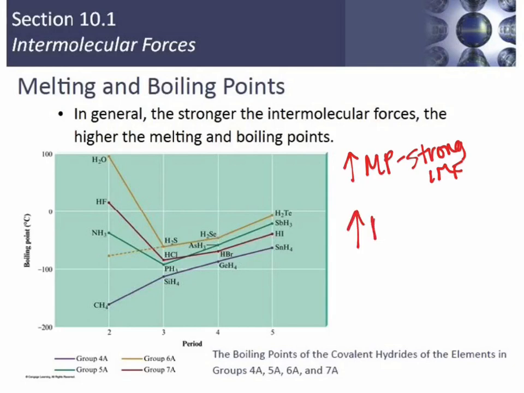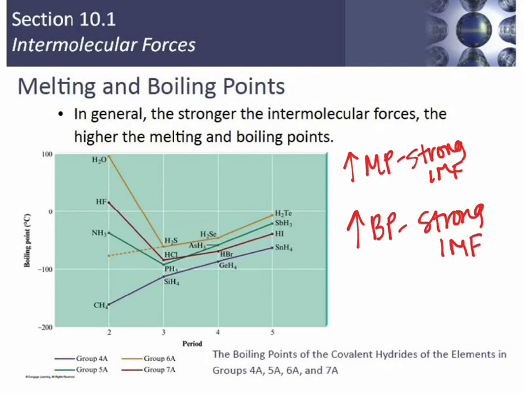If you have a high boiling point, again, you have a strong intermolecular force that needs to be overcome so that you can go from a liquid to a gas. Is it possible to have a low melting point, high boiling point? I don't think so.